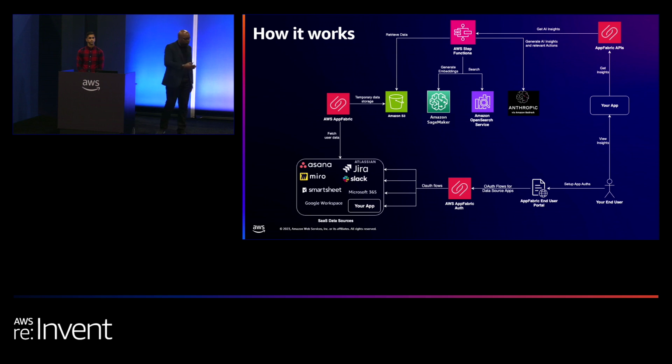So the user specifies, this is my Asana project, this is my Slack channel, etc. Now this builds the knowledge sources so that we know the user a bit more. That's the first step. That's the one below where they grant permission.